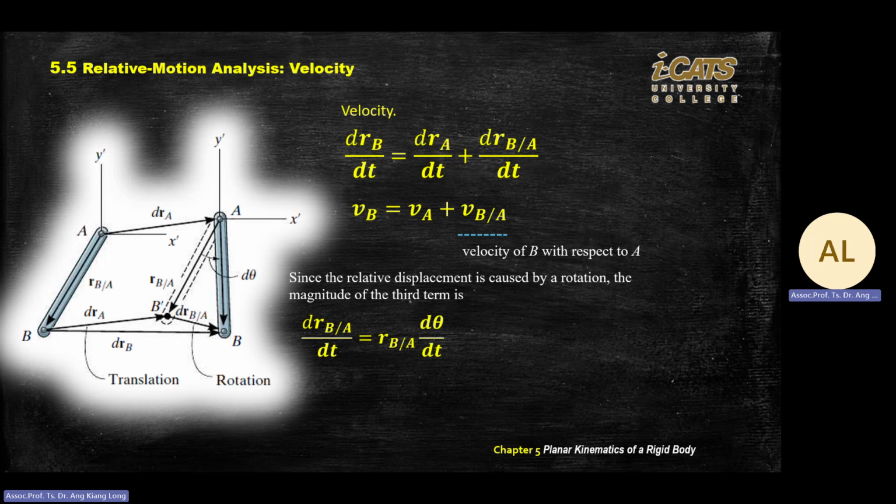R is RB stroke A. Theta is this one. So you replace R with RB stroke A, and theta with d theta, and you copy the dt to the right, because later I want to transform this d theta dt into another term.